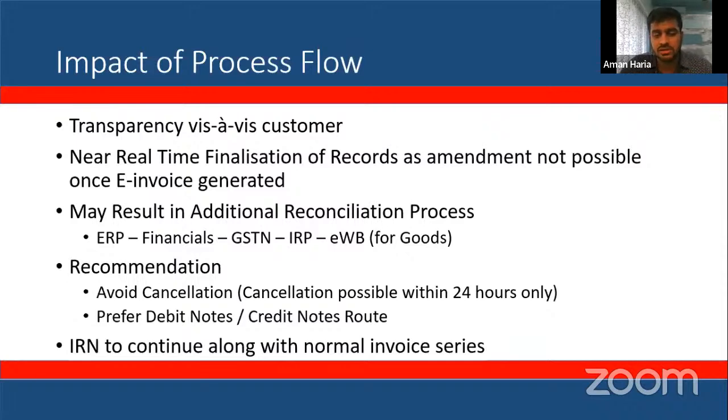That is a 64-digit number with the QR code, which is additionally required to be incorporated in the invoice, and your regular series number does not change. The rules for your regular series number do not change, whether you change it every financial year or continue the invoice series number, that invoice series number does not change at all.